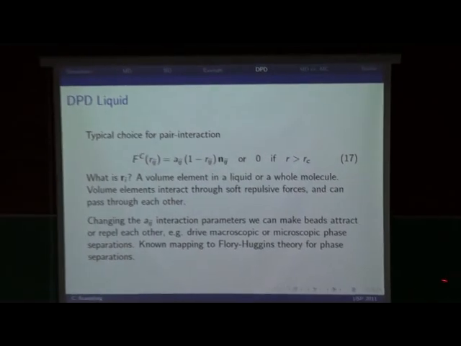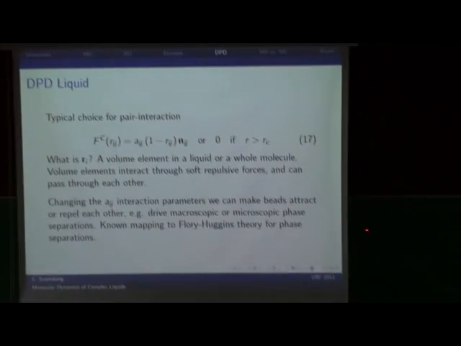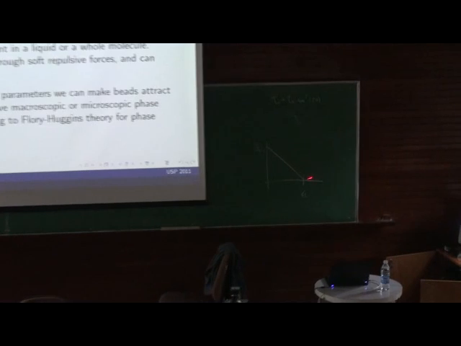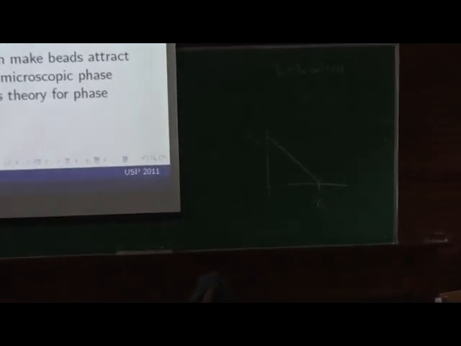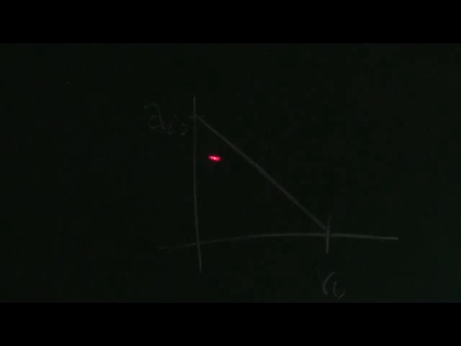And this also means that particles can be on top of each other, because the Lennard-Jones interaction would diverge, avoiding particles sitting on top of each other. But with these very soft interactions, particles can sit on top of each other if they want, but it's going to cost an energy term of Aij.